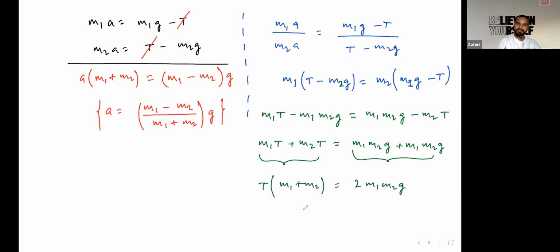Move this term to the other side, you will get T is equals to 2 times M1 M2 G whole divided by M1 plus M2. So this will be your final expression for getting tension in this pulley system.